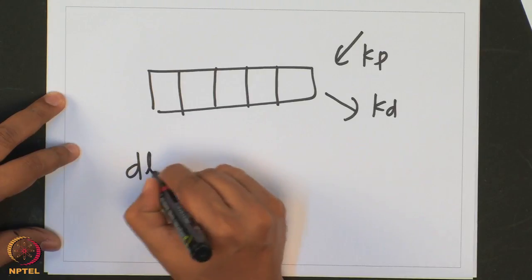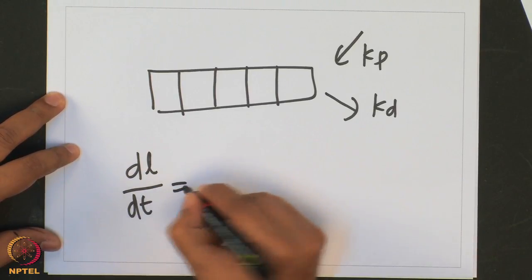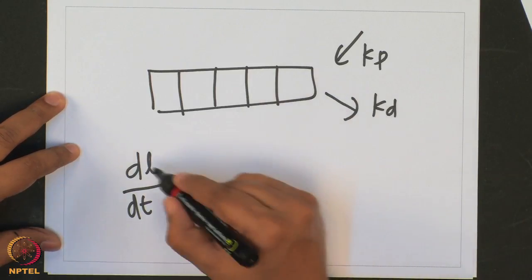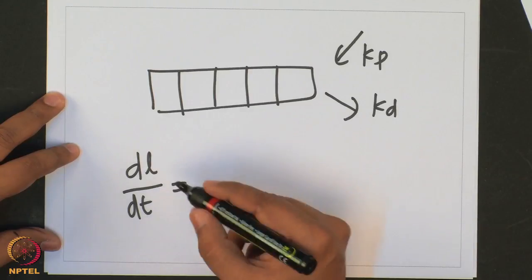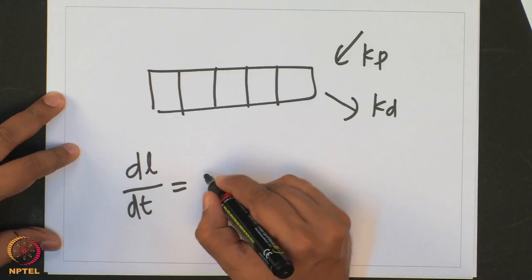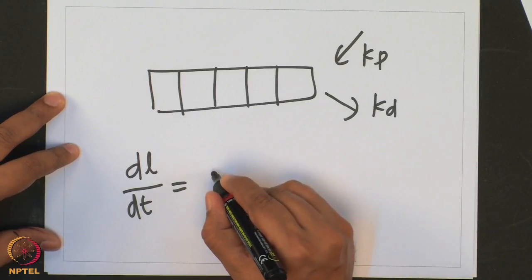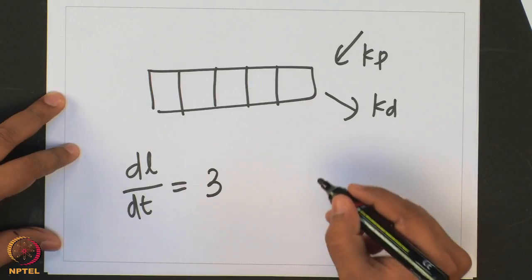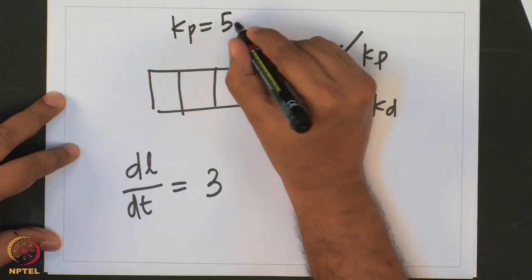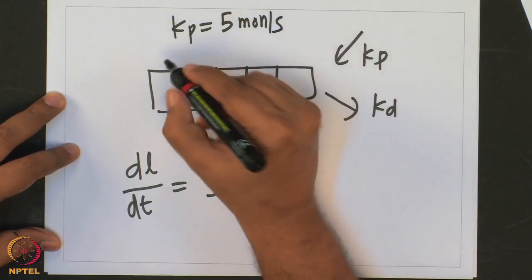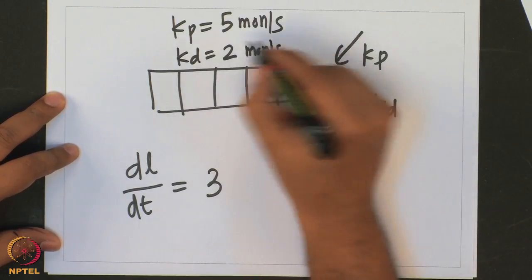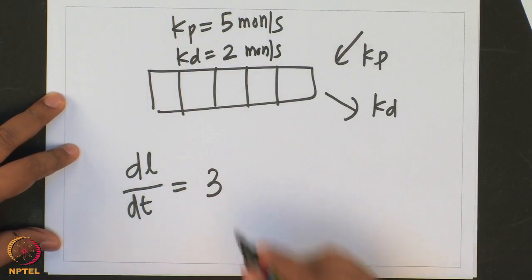We wrote dl by dt, the rate of change of length. How does this length change with time? That is dl by dt, and it is equal to Kp minus Kd. Let us say Kp minus Kd is 3. If I take Kp equal to 5 monomers per second and Kd as 2 monomers per second, Kp minus Kd will be 3 monomers per second.